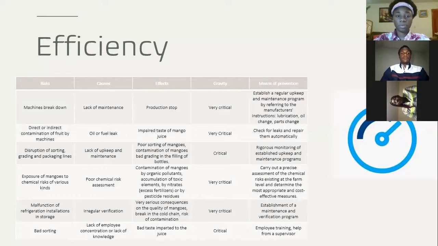Effect: production stop. Gravity: very critical. Means of prevention: establish a regular upkeep and maintenance program by referring to the manufacturer's instructions: lubrication, oil change, parts change.